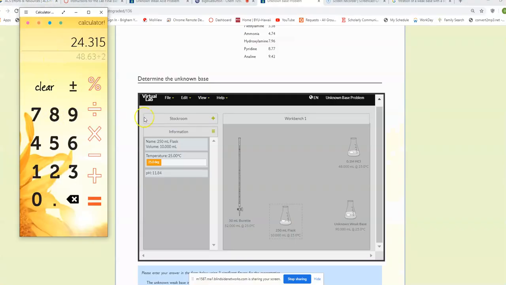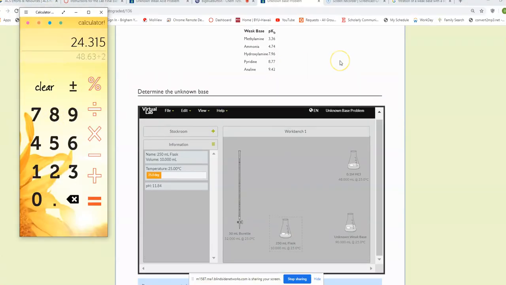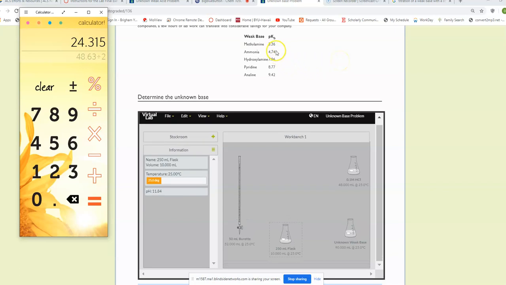Okay, 2.16. So our first pKb will be 3.36. If we are at 3.36, we can do 14 minus the 3.36, which is our pH minus our pKb.